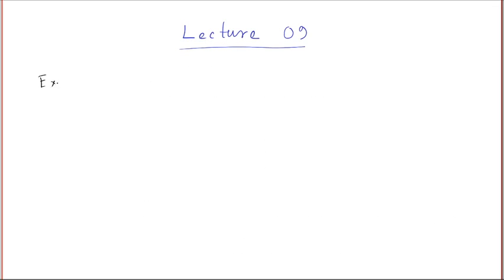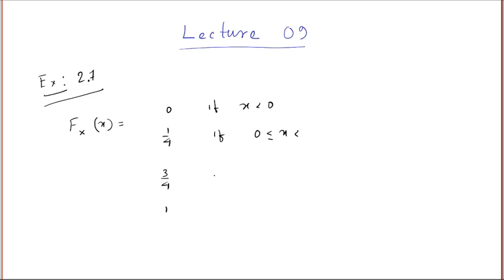This is Example 2.7, and here we have the distribution function F of X at the point x equal to 0, 1 by 4, 3 by 4, and 1. This is if x is less than 0, if 0 is less than or equal to x is less than 1, if 1 is less than or equal to x is less than 2, and if x is greater than or equal to 2.